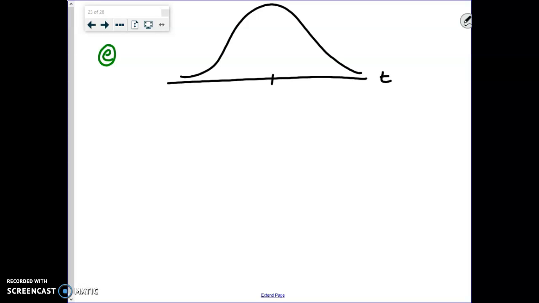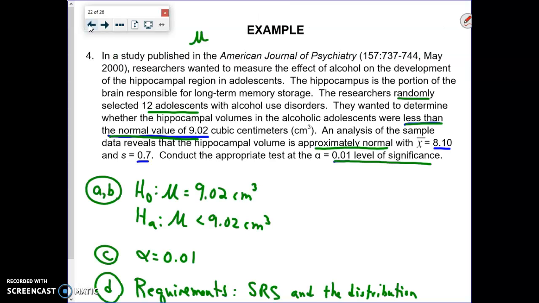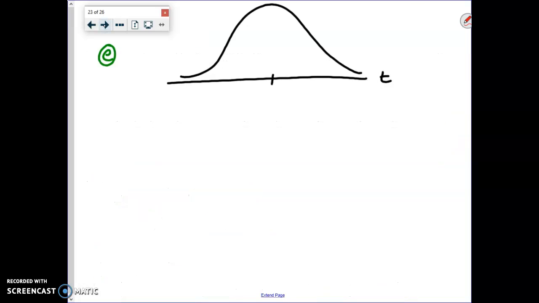Now, again, where's our alpha at? Because, ladies and gentlemen, in the alternative it's less than, that means the alpha is going to be on the left tail. That's where our rejection region is at. So alpha is here. Now, if we end up with a p-value that's less than 0.01, then we're going to end up rejecting.